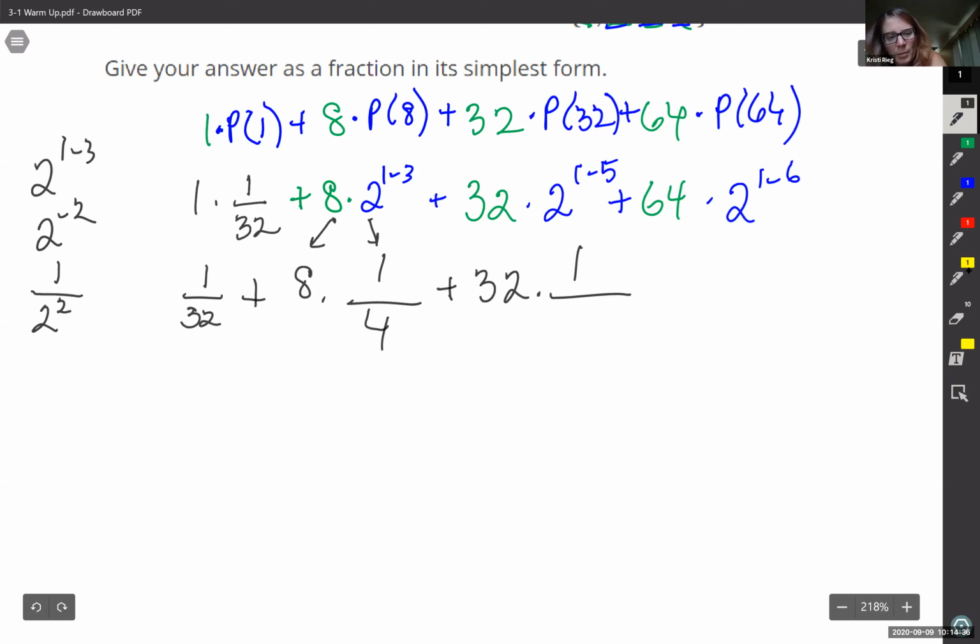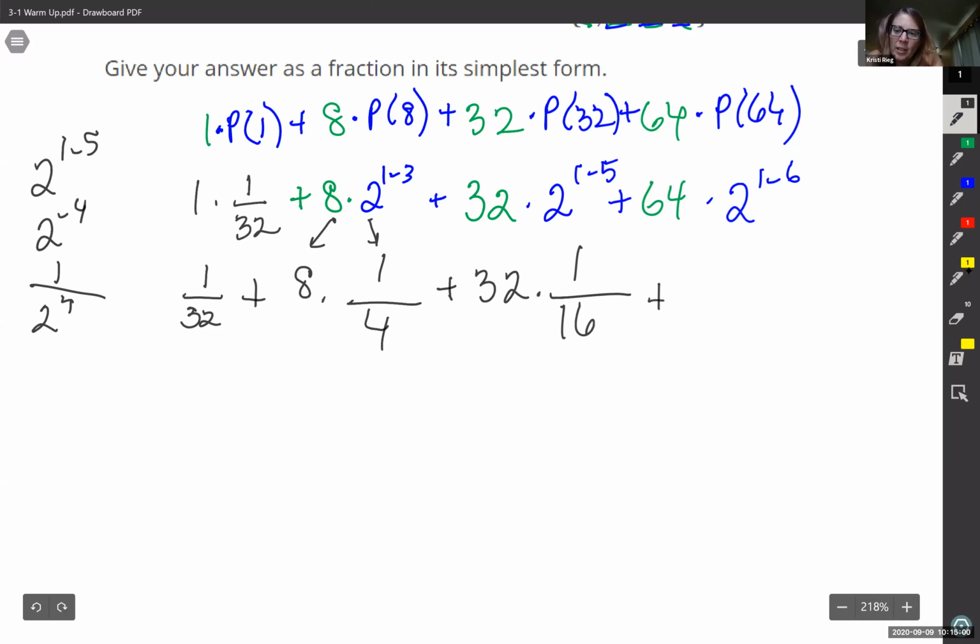So this becomes, let's just work it out one more time. 1 minus 5 is negative 4. So that is 1 over 2 to the 4th. 2 times 2 is 4, times 2 is 8, times 2 is 16. So that goes over 16.